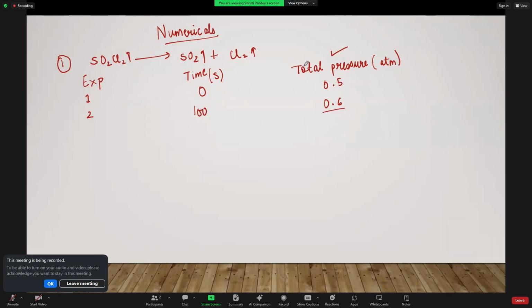Okay, and one thing more, we need to calculate the rate of the reaction when the total pressure is 0.65 atm.